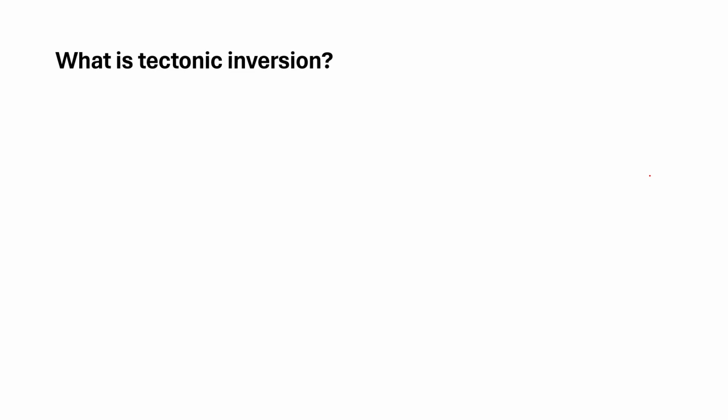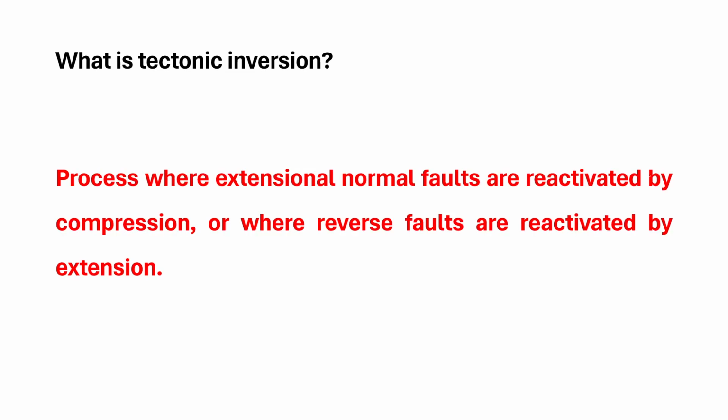Yes, so that is basically, reverse faults are formed, not exactly, okay, I'll give you the definition. It is a process where extensional normal faults are reactivated by compression. What it means is that in a normal scenario, you will get a normal fault because of extensional forces.